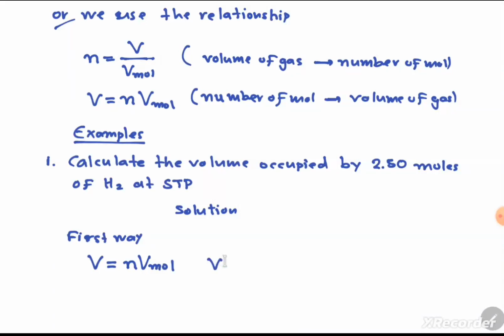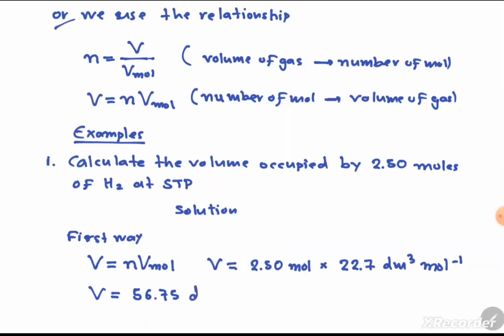So we replace the values and we have volume is 2.50 mole times 22.7 dm to the cube mole minus 1. So we have the value 56.75 dm to the cube.